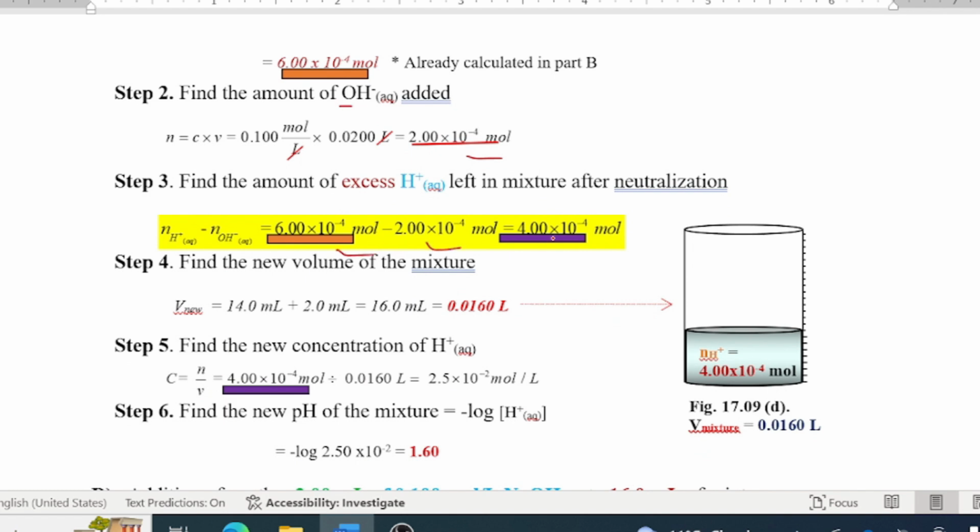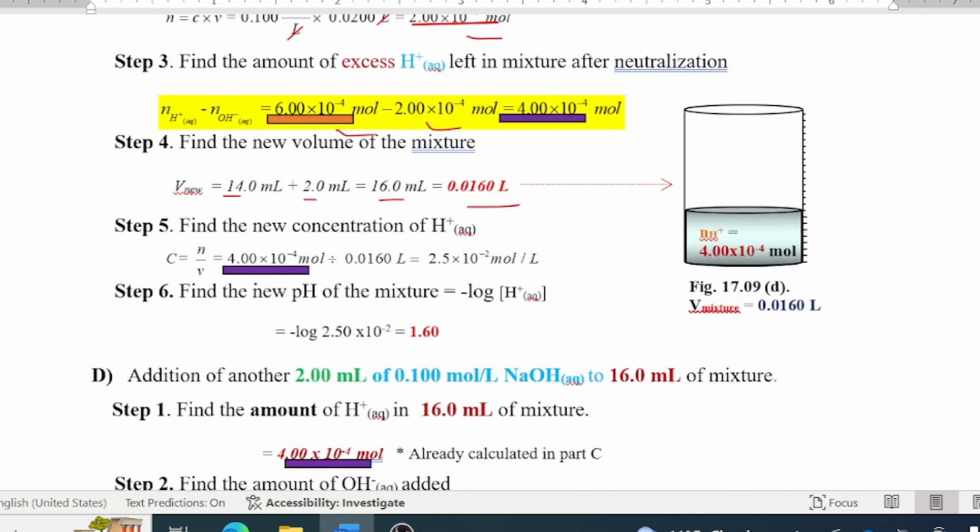You end up with a new amount of H plus in a new volume. They had 14 before. Now you're adding 2. You end up with 16. That's what it is in liters. So you take the new amount of hydrogen that is there, divide by the new volume, which is equal to that, and the negative log gives 1.6. See? The pH is going up again.